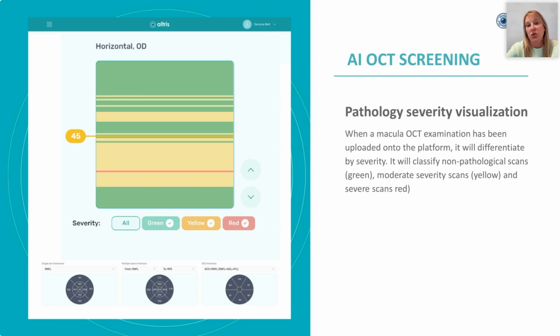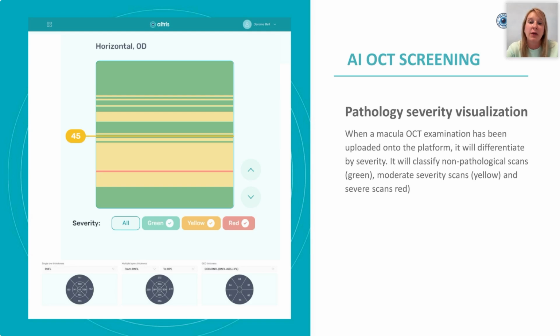So what we need to do is take the DICOM file and upload it into the system. It is a web-based platform, so no installations are needed for using Altris. And then artificial intelligence starts its interpretation.